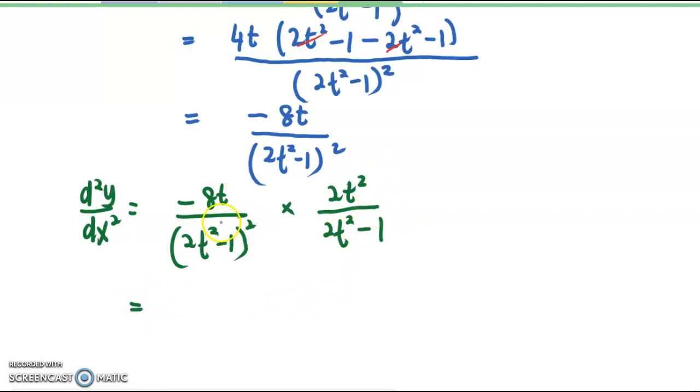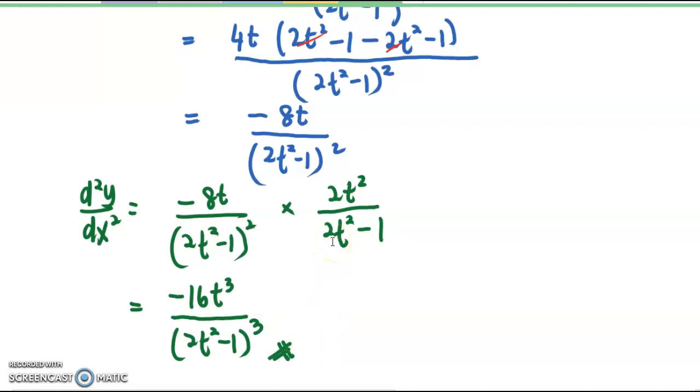Multiply, we get negative 16t cubed over 2t square minus 1 cubed. So we have d2y/dx square in terms of t.